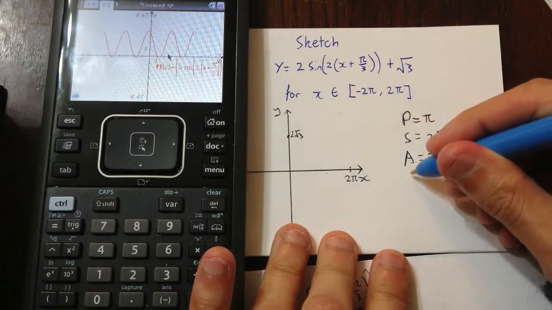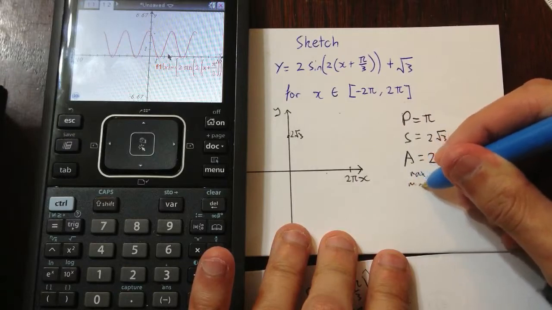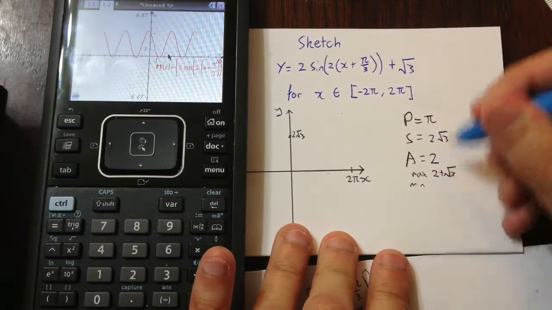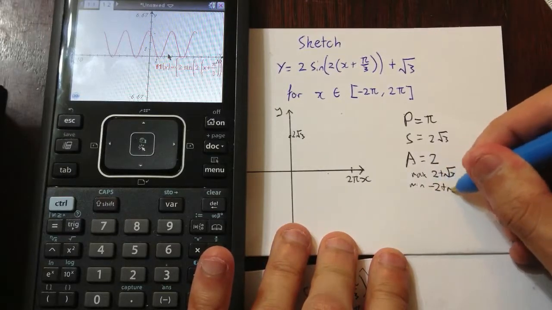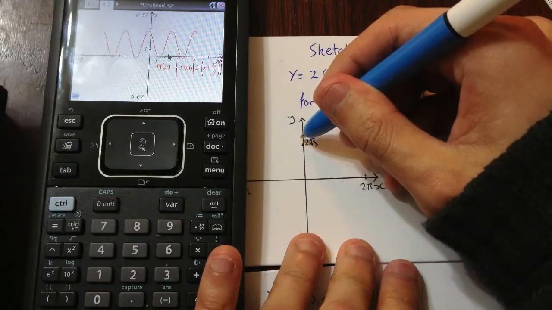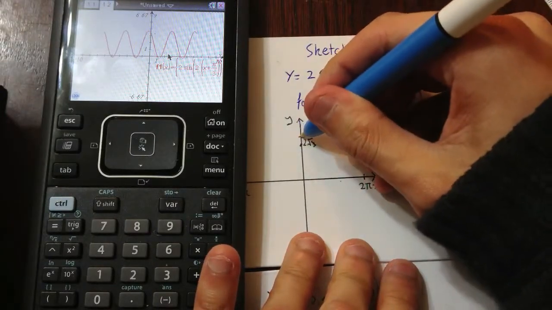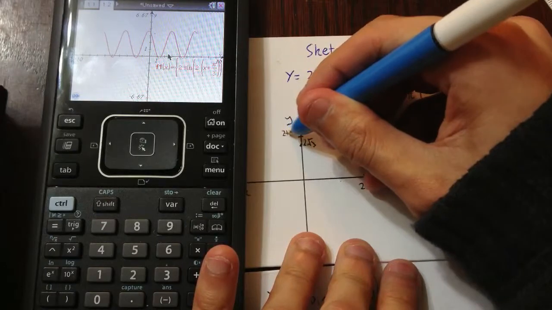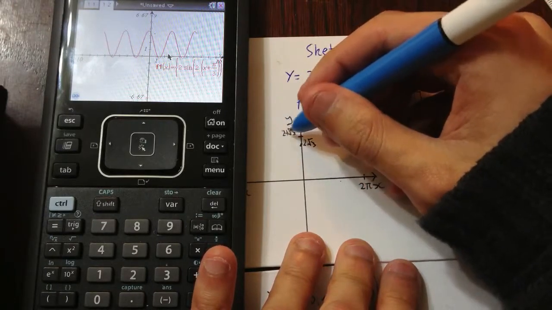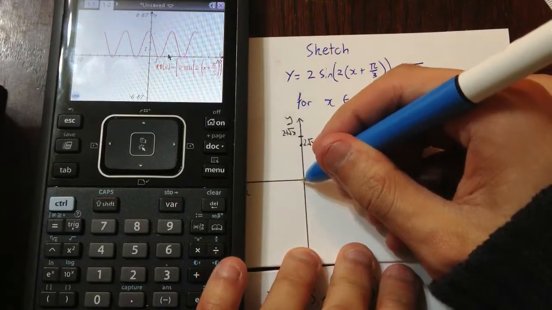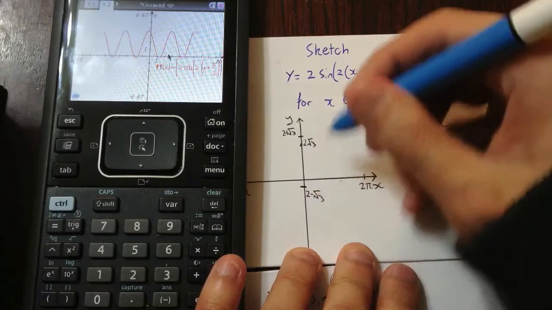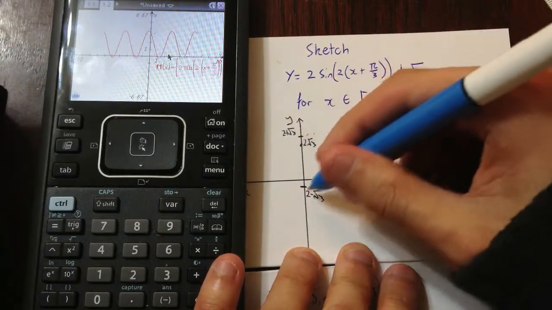So therefore our max and our min are positive 2 plus root 3, and negative 2 plus root 3. Note that they are different. This is 2 times root 3, that's 2 plus root 3, and this one's a bit bigger. And just below would be 2 minus root 3. So this will be our maximum and our minimum.